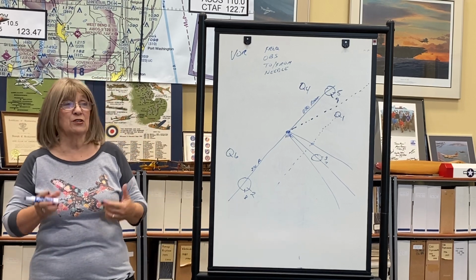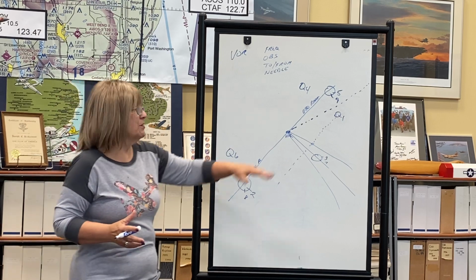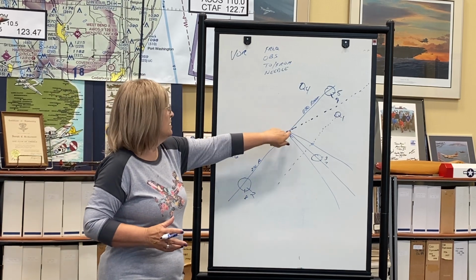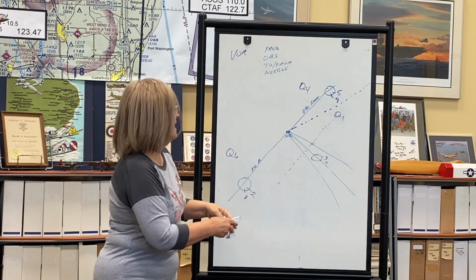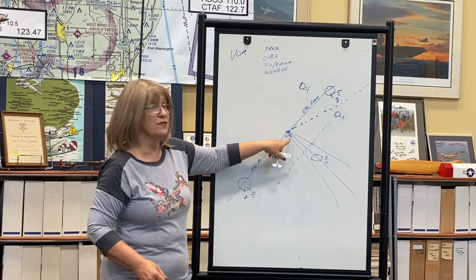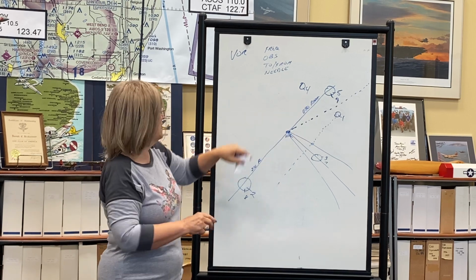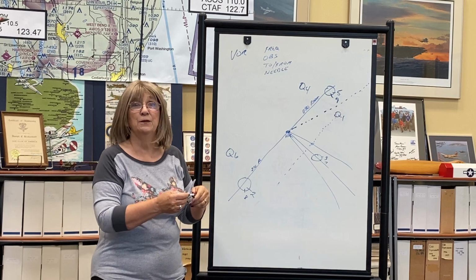But you can also, if you're lost, tune into the station. If I'm out here and I've got no clue where I am, then I'm going to tune into the frequency. I'm going to spin that OBS until it says TO.